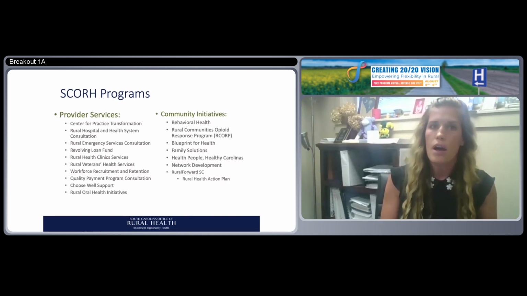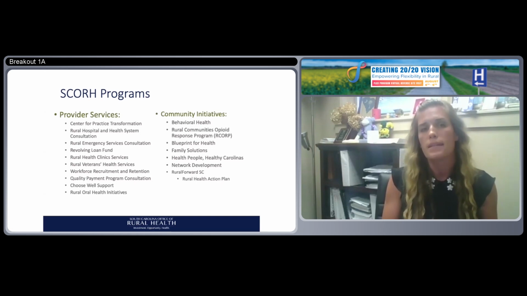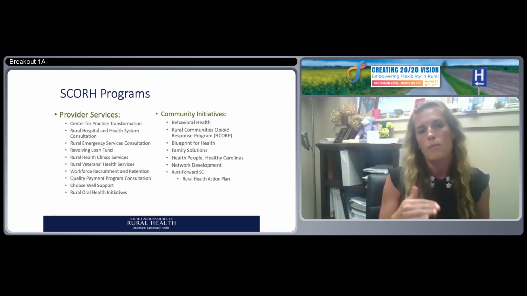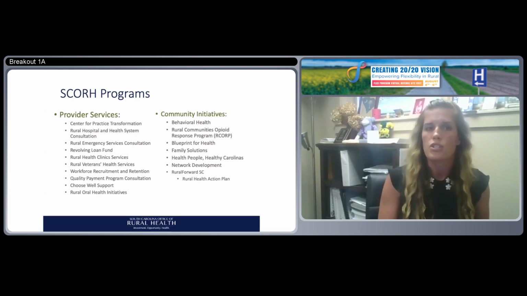They also look at access and capacity, and whether practices can start seeing more patients by streamlining their patients and their systems. It started out focusing more on patient-centered medical home, but it has transitioned to helping practices be more nimble in today's healthcare environment.